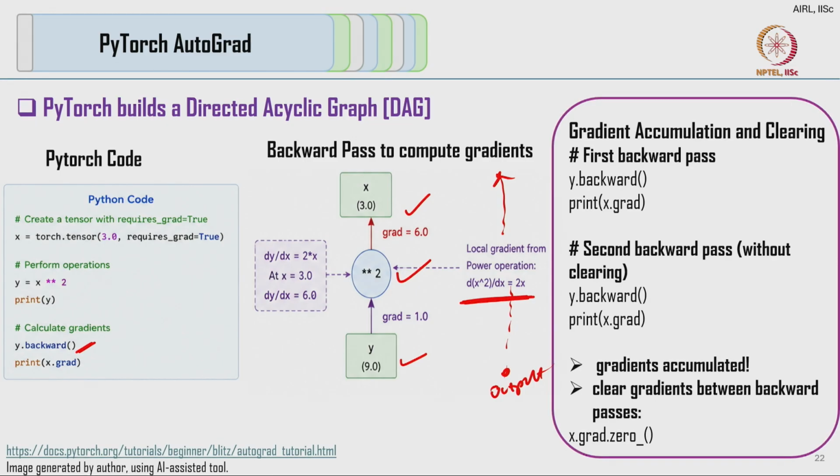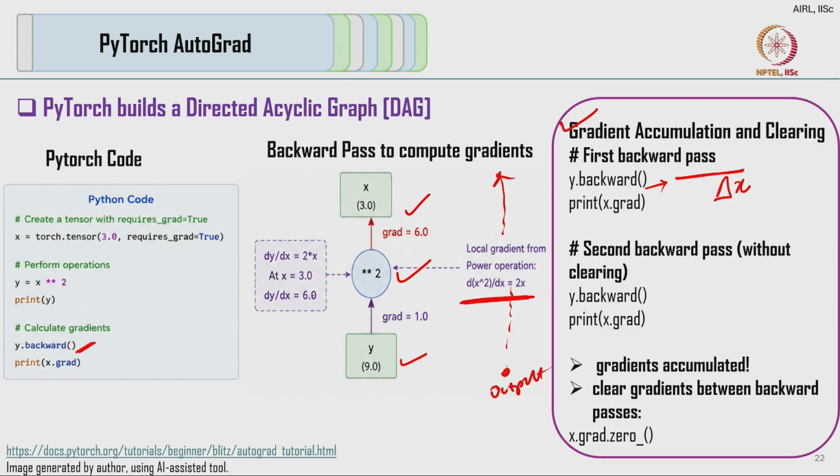Now one caution here is that when we are doing gradient update, we need to follow something known as gradient accumulation and clearing. If we focus on the first backward pass, we do y dot backward. When we perform y dot backward, it is doing a gradient computation, right. So we are trying to calculate delta x, right.